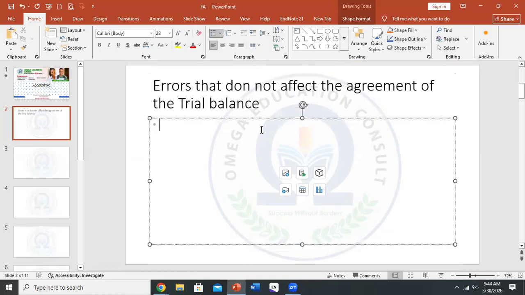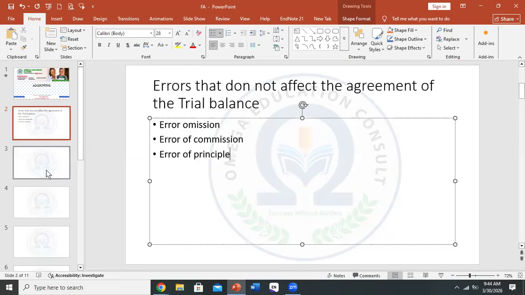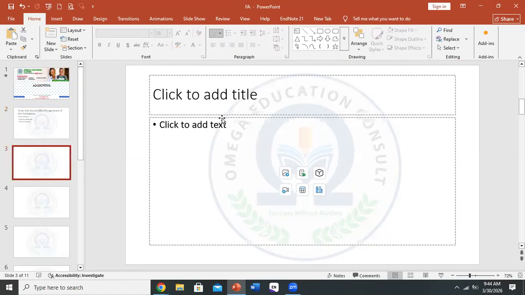So we have seen the error of omission, we have seen the error of commission, and I want to believe you are all comfortable with the assignment. Okay, so today we are going to look at the next one, which is error of principle. Error of principle. So please pay attention since we are adding on.